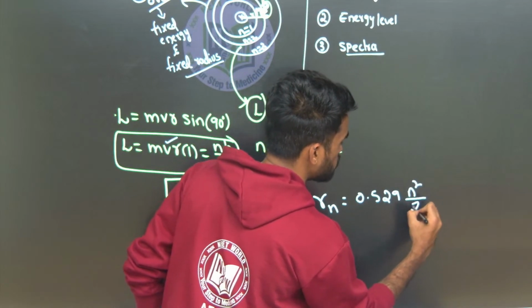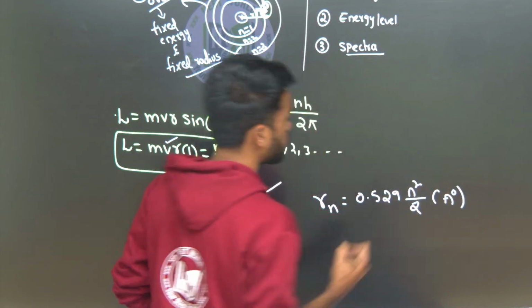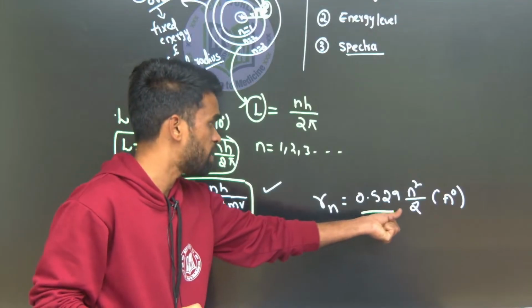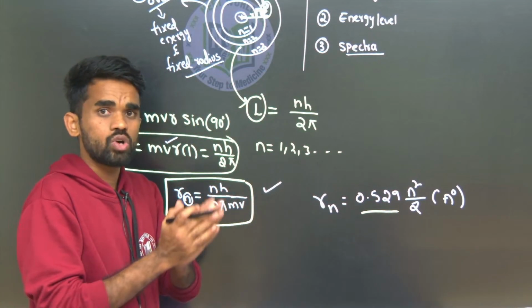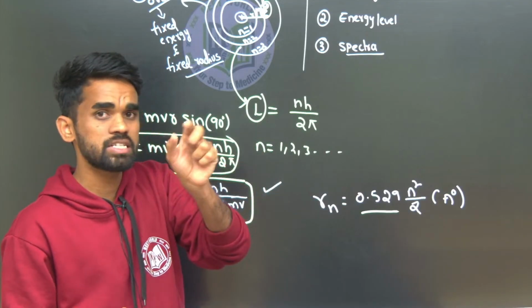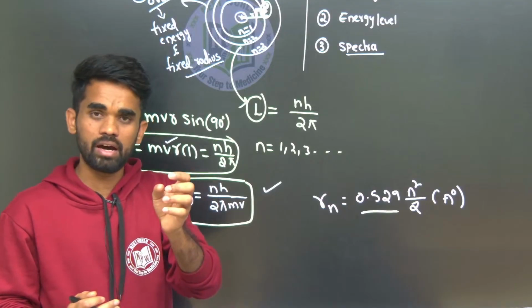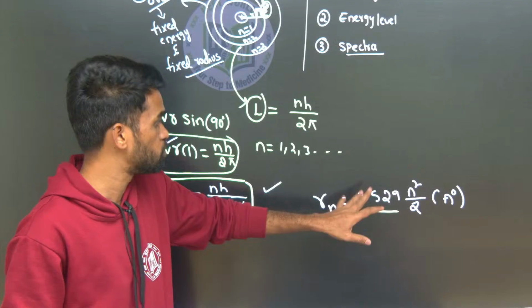This is the formula in angstrom units. How we got this constant value is all explained previously, so I do not want to discuss the same thing again here. You just search Bohr's atomic model by Ajay Sir, NEET World, and you will get the complete derivation.